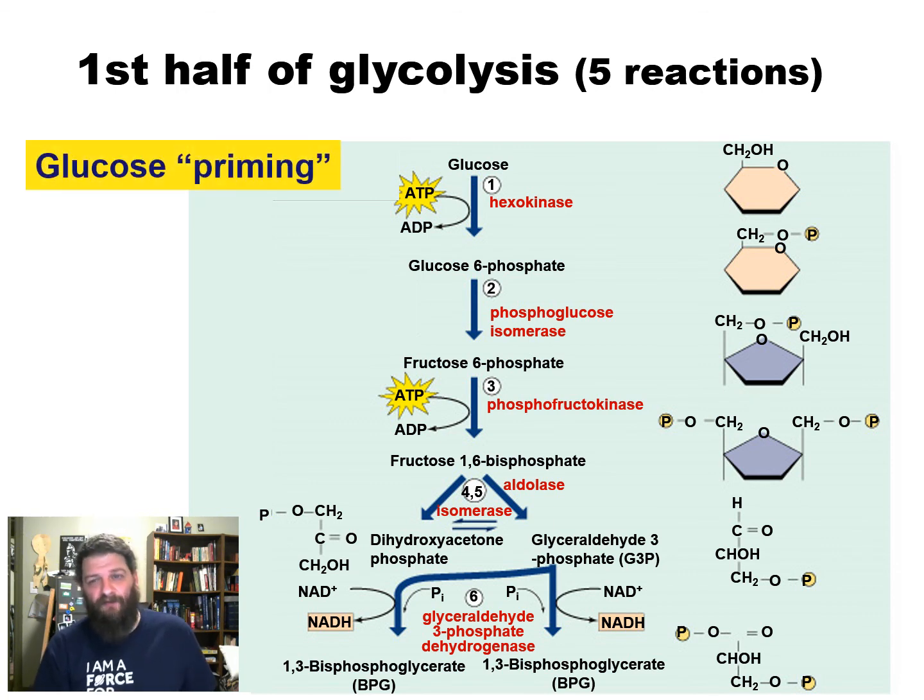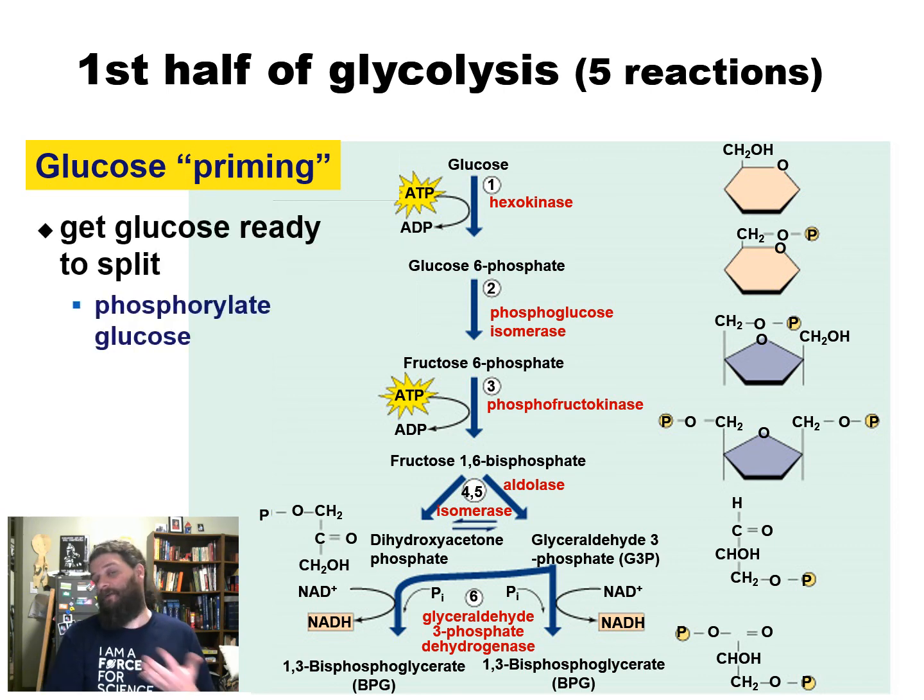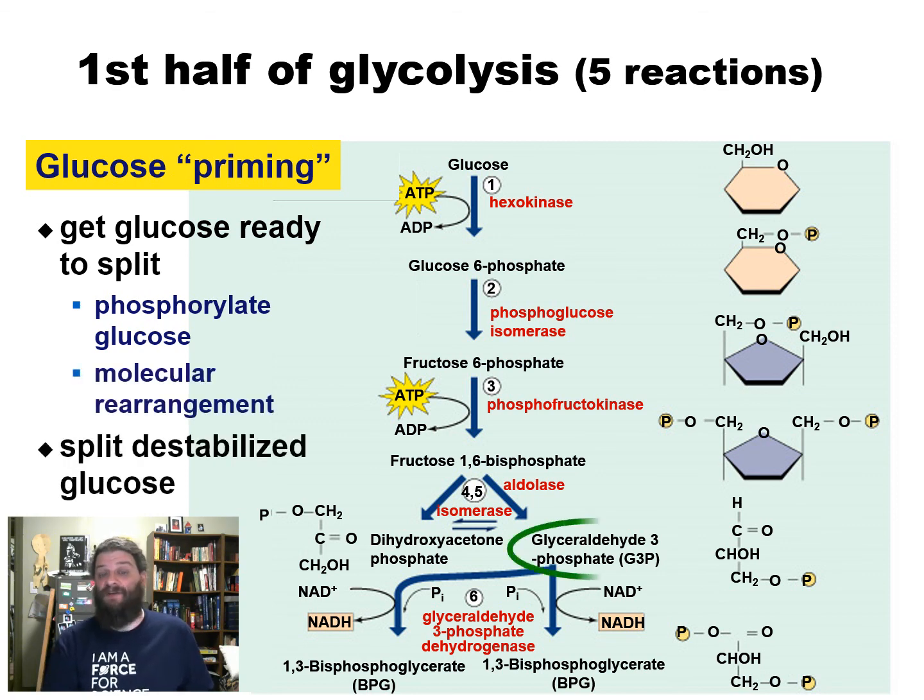The first half of glycolysis, the first 5 reactions, are going to be involved in priming glucose, in phosphorylating it in order to get ready to split, as well as doing some molecular rearrangements so that eventually it is destabilized enough to create those 2 glyceraldehyde 3-phosphate or G3P molecules. I know one half of it goes through the dihydroxyacetone phosphate pathway, but through isomerase, it's going to turn into that glyceraldehyde 3-phosphate.